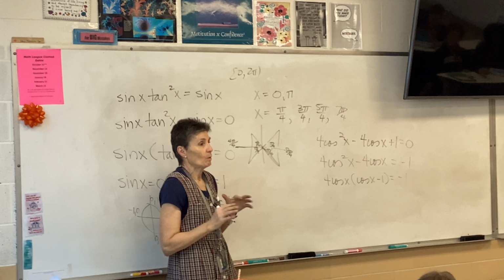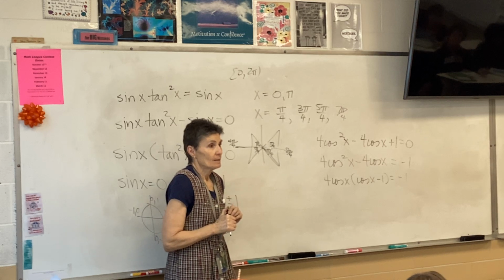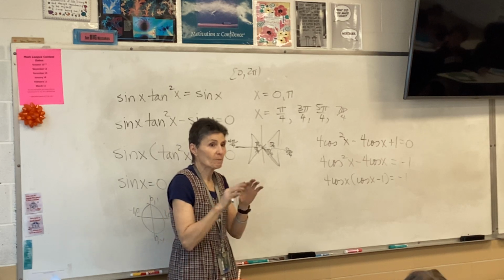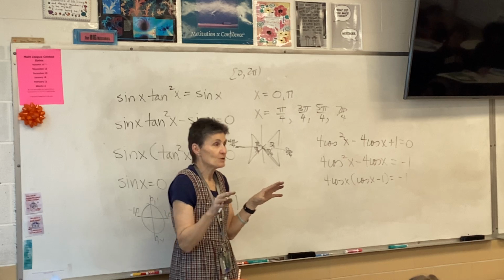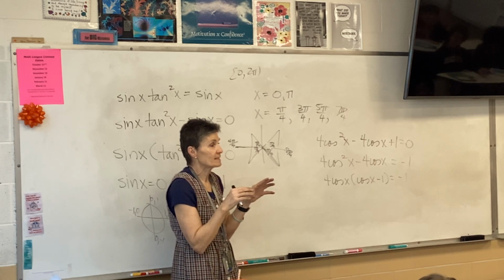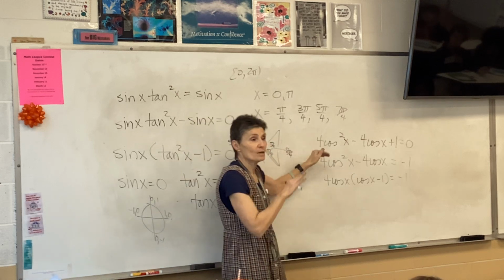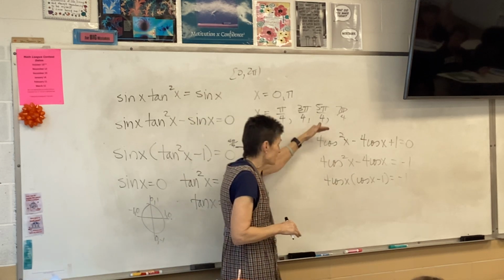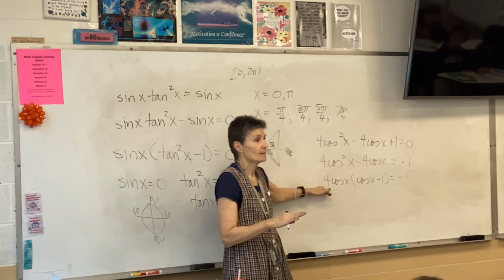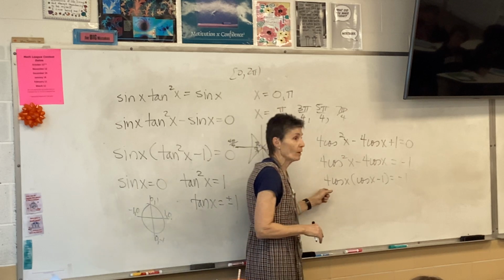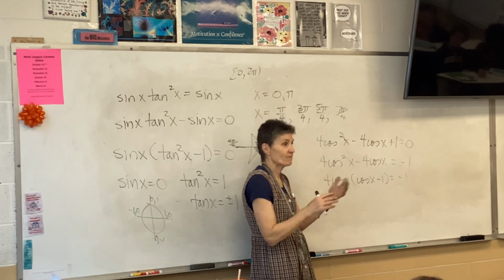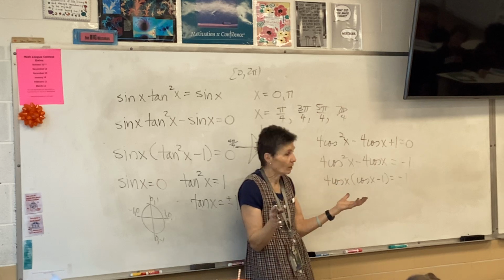At this point, you're supposed to break it apart, but you can only break it apart if it's equal to 0. So you have done no wrong math. This is all absolutely correct. But at this point, there's nothing to do. You can't solve it.